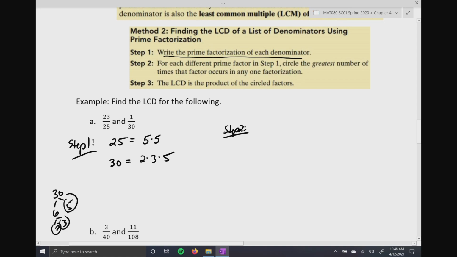Step 2, let me write that cleaner. My handwriting is so bad today. Step 2, for each different prime in step 1, circle the greatest number of times that factor occurs.